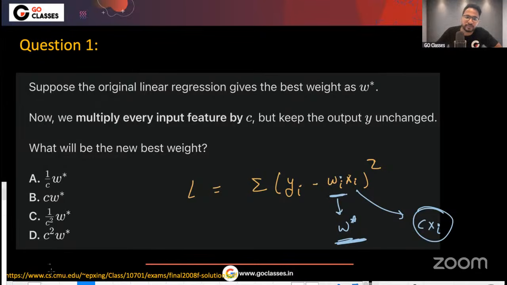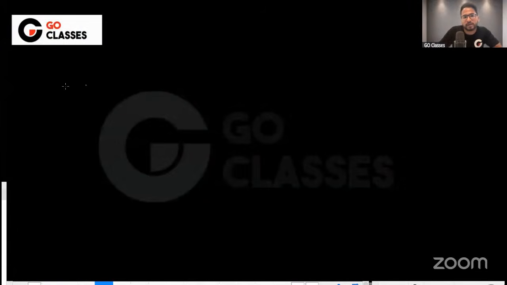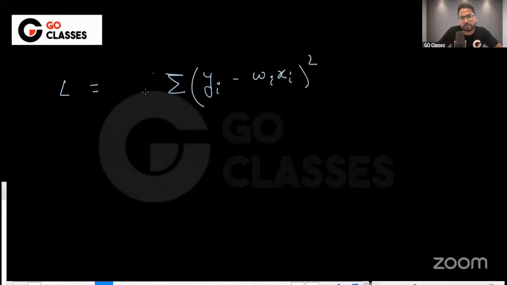Earlier we wanted to minimize this loss, (yi minus wixi) whole square divided by n, something like this.